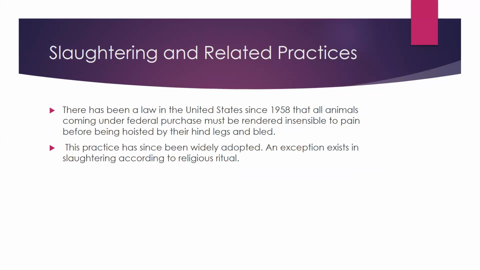So all the animals used for meat sources under federal purchase must be rendered insensible to pain, meaning that during slaughtering, they should not sense pain. This practice has been widely adopted, and an exception exists in some slaughtering practices according to religious rituals.